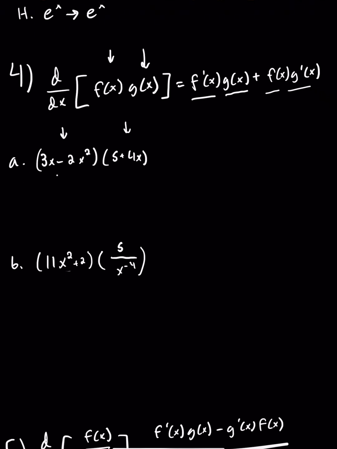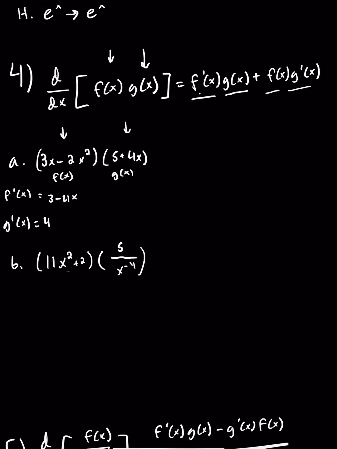So we're going to call this f of x. We're going to call this g of x. Okay, so f prime of x and g prime of x is what we need to figure out. f prime of x is simply going to be 3 minus 4x, and g prime of x is just going to be 4.